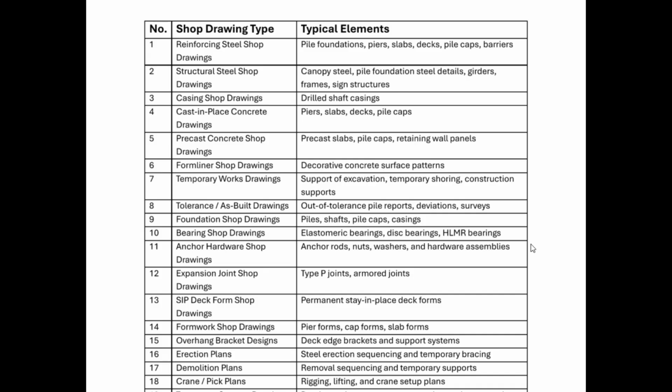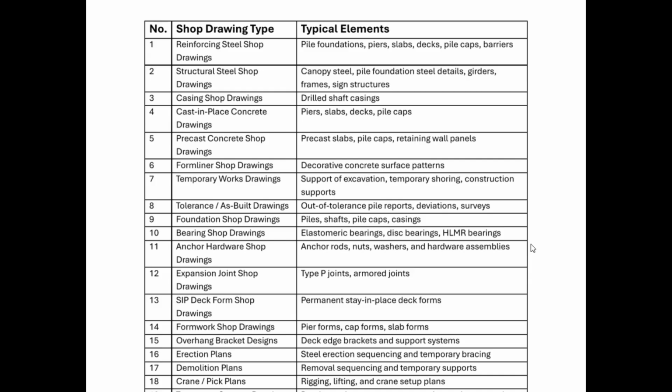For casing shop drawing, usually the element will be drill shaft casings. Cast in place concrete drawings include piers, slabs, decks, and pile caps, etc. Precast concrete shop drawing includes precast slabs, pile caps, retaining wall, panels. For foam liner shop drawing, it includes decorative concrete surface patterns.